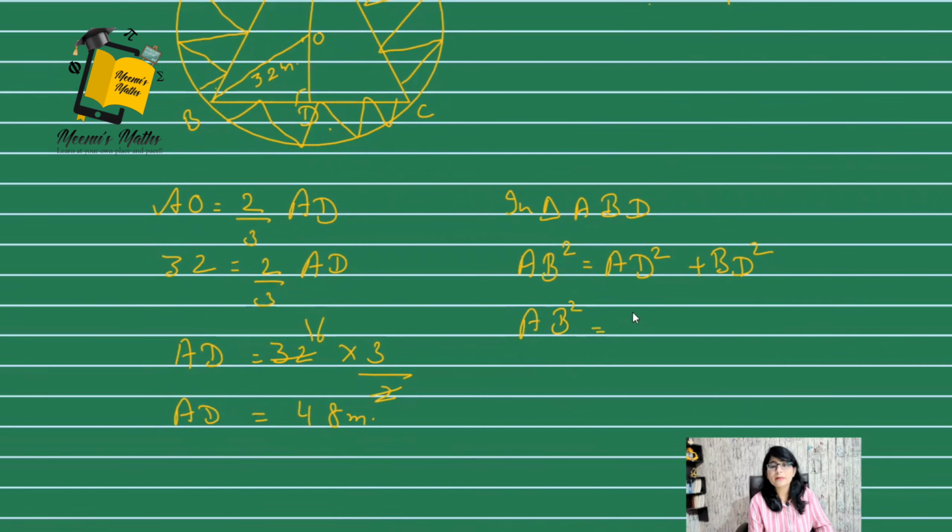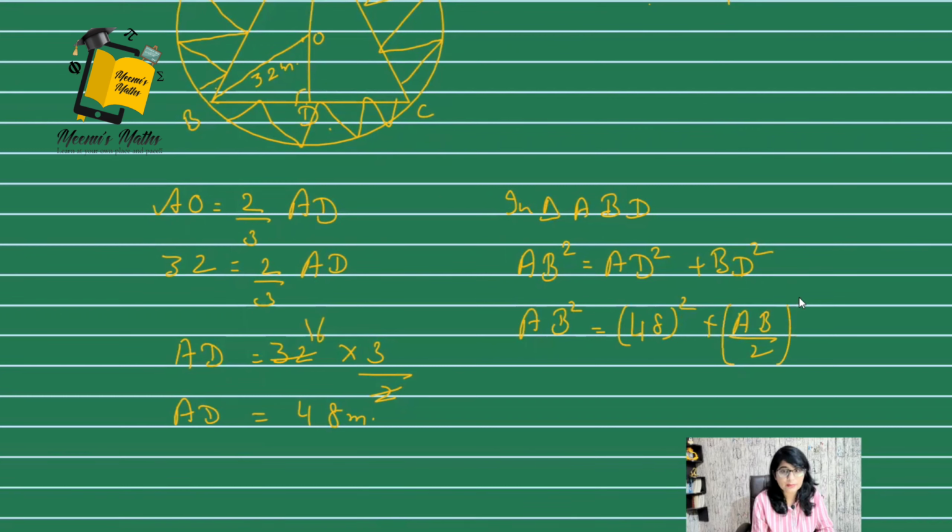AD, it is here, 48. 48 square. What about BD? If I talk about BD, what did we say in the beginning? It is median. If it is median, that means BD is half of BC. And BC is equal to AB, as it is an equilateral triangle. So if I write down BD as AB by 2, is it fine?